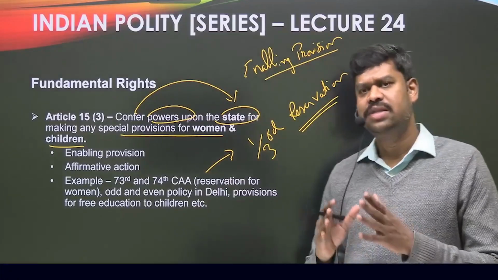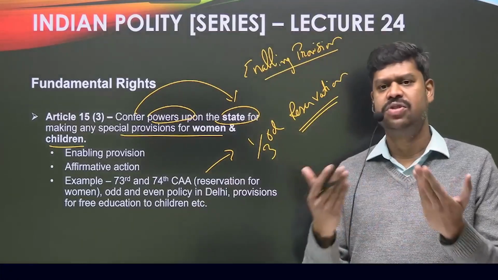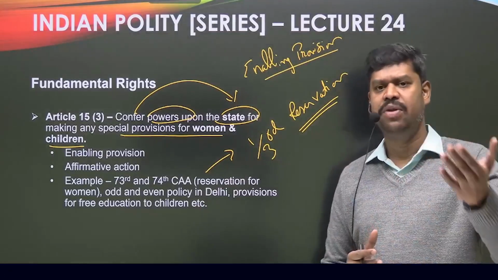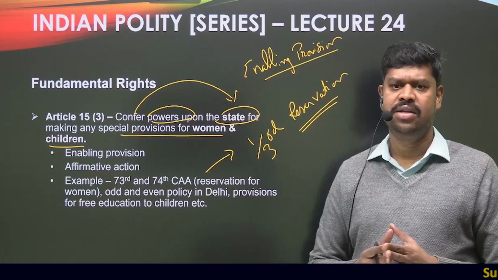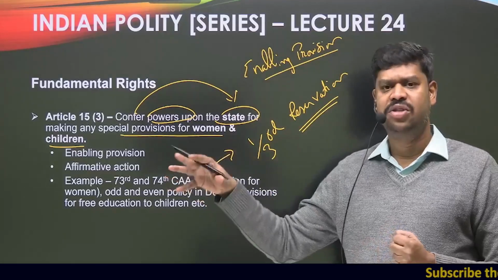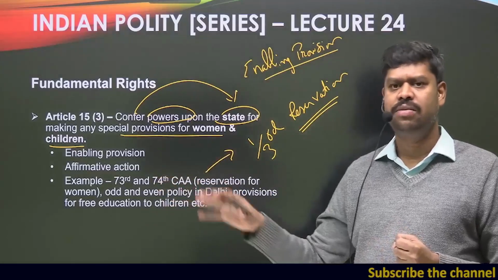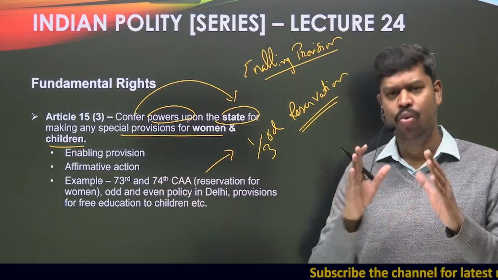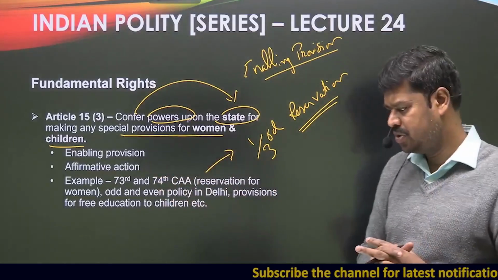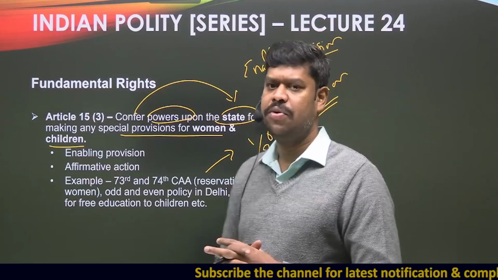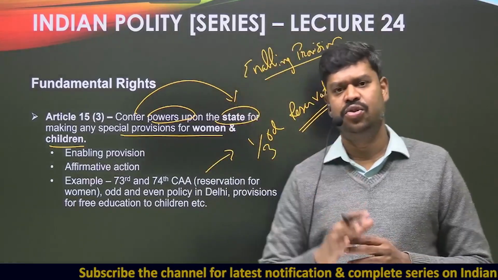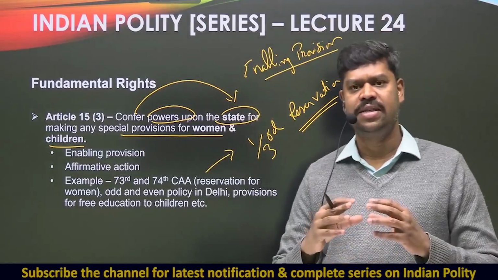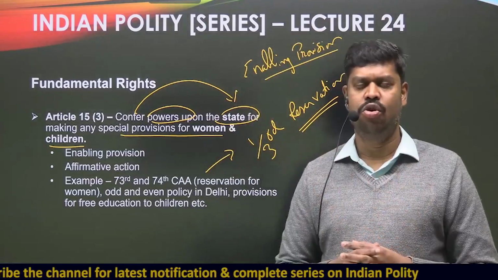So these are all some laws or policies brought in by the state to differentiate between women and children and the other categories of people, because women and children are considered to be a reasonable group. But one thing that you have to keep in your mind, the most important thing, is that women and children cannot exercise this as a right under the constitution.